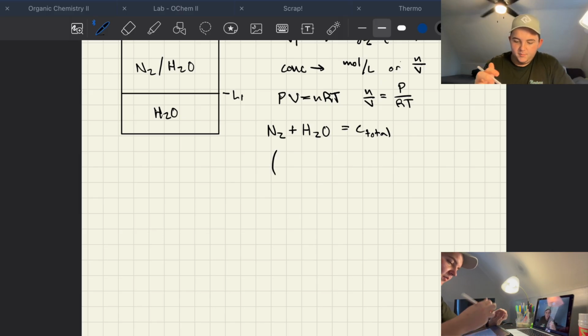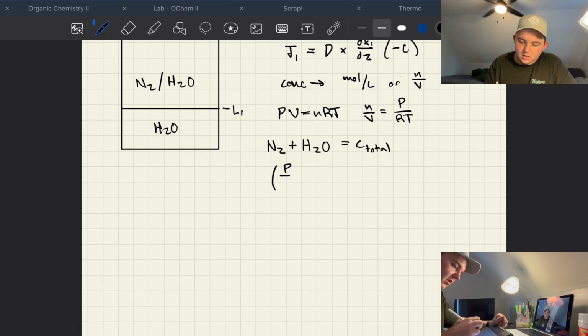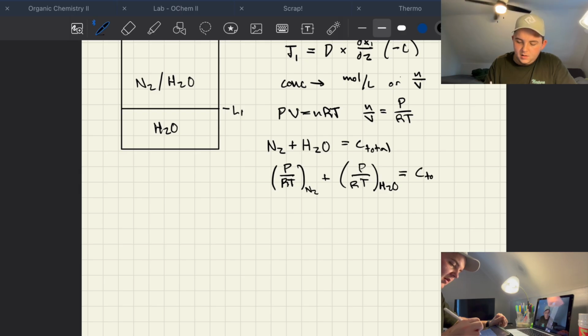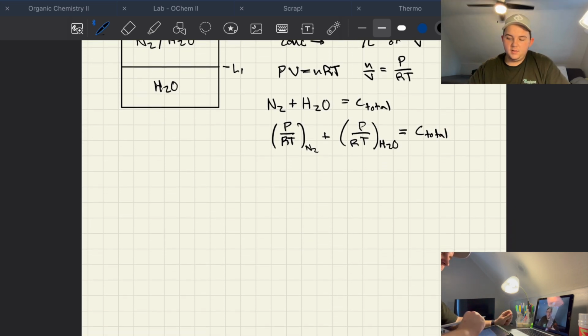We can rewrite that simply as P over RT of our nitrogen plus P over RT of our water is equal to C total. So that looks like a good start.